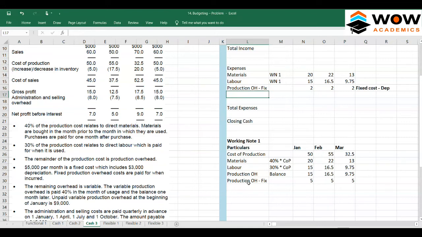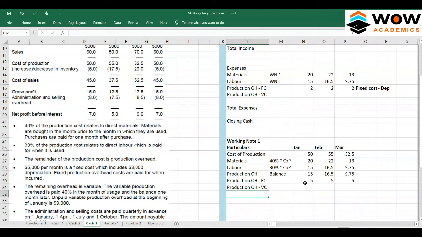Thereafter we can find out the variable cost. I think we can put this as FC, this as VC. So what is the variable production cost? It says the remaining overhead is variable.